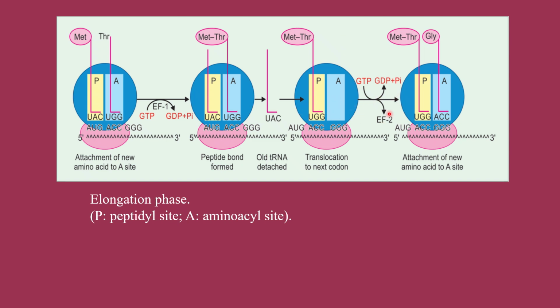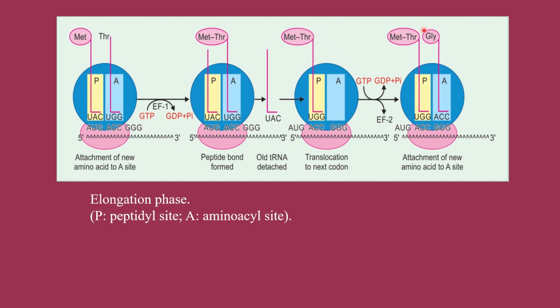Now the A site is being occupied by another transfer RNA containing the activated amino acid. So you can see it here. Now this time glycine has come. Glycine along with the tRNA comes. And then there is a further peptide bond formation between the threonine and glycine. And this is how the process goes on and on, and the peptide chain grows.